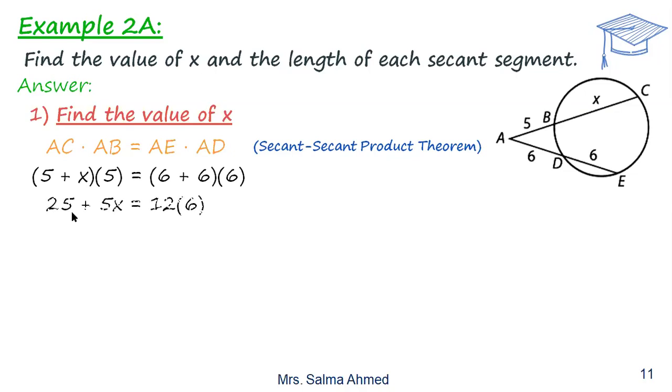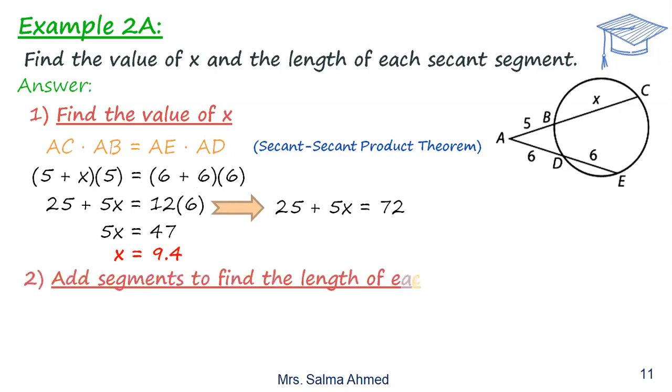So it will be 25 plus 5 times x, equal to 6 plus 6, which is 12, times 6. Then 25 plus 5x equals 12 times 6 equals 72. I'm going to take 25 to the other side, so it will be 5x equals 47. By dividing 47 by 5, x equals 9.4.